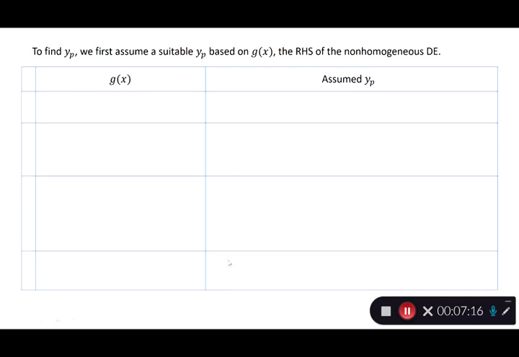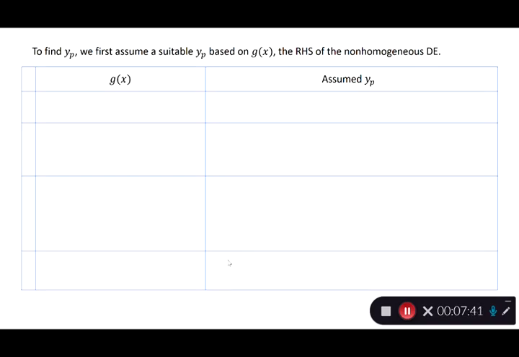Next, here is the idea. To find y sub p, we must assume a suitable y sub p based on g of x. Again we go with this assume, but it's not just a stupid assumption, just randomly picking whatever we want.